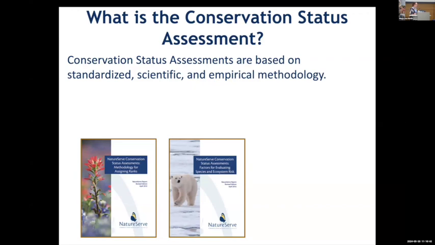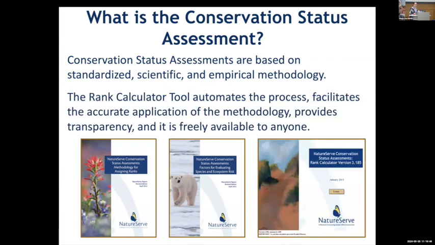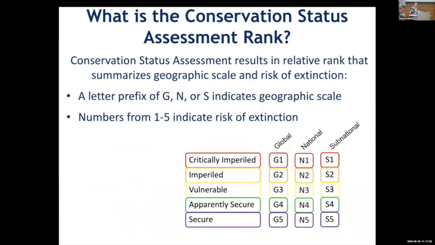We have 2 documents to help us support standardizing this information. And we also use a rank calculator tool to automate the process and facilitate accurate application of the methodology and provide transparency. And all of these documents and the calculator are available for free on the natureserve.org website.